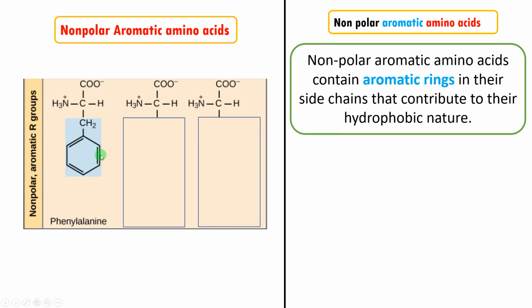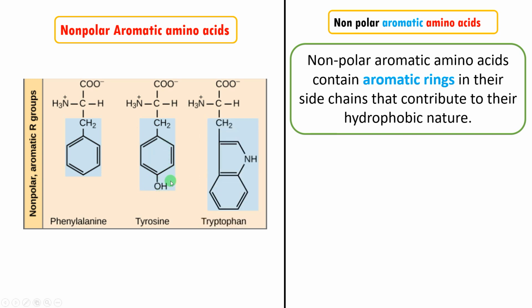First one is phenylalanine, that contains a benzyl side chain, as you see here, non-polar. And the second one is tyrosine, which is similar to phenylalanine, but with a hydroxyl group attached to the benzene ring. It has some polar characteristics due to this hydroxyl group, but is largely considered as non-polar due to its aromatic ring.